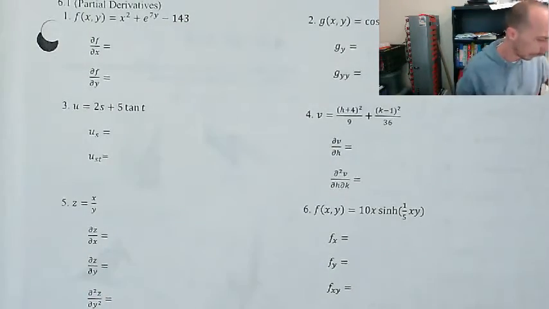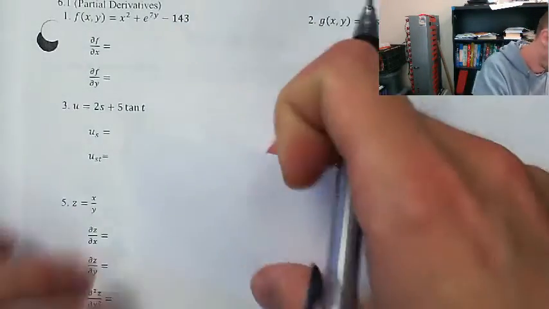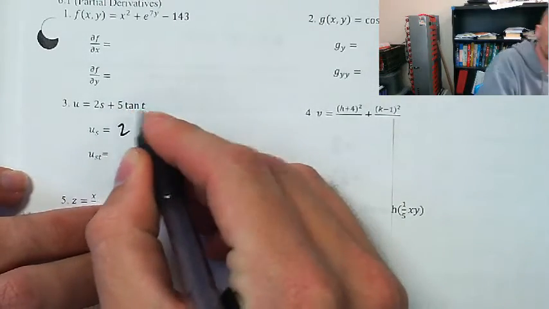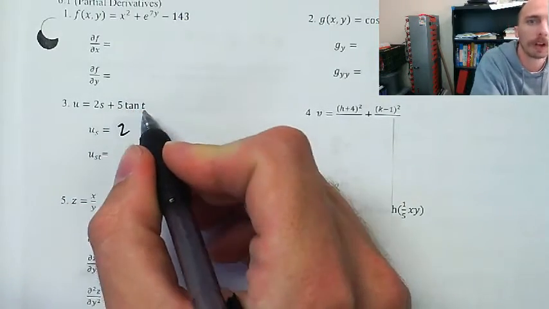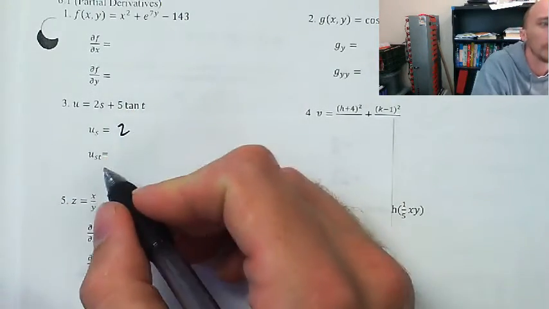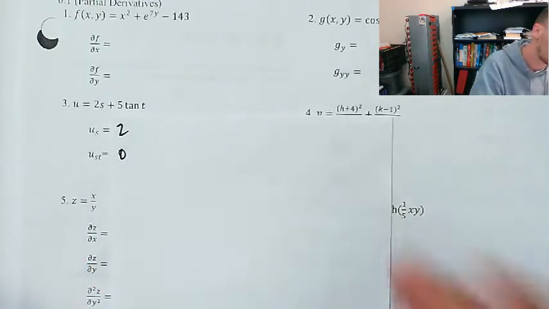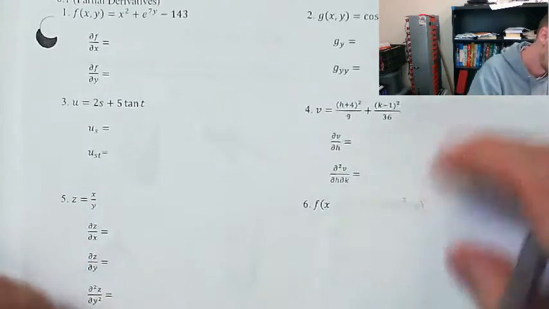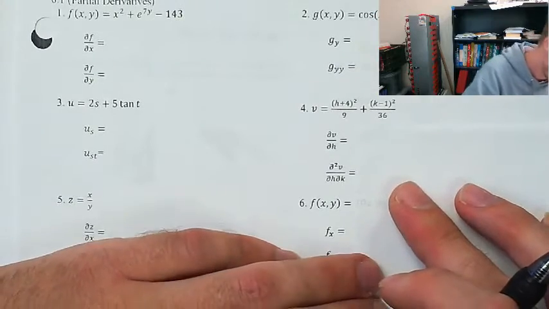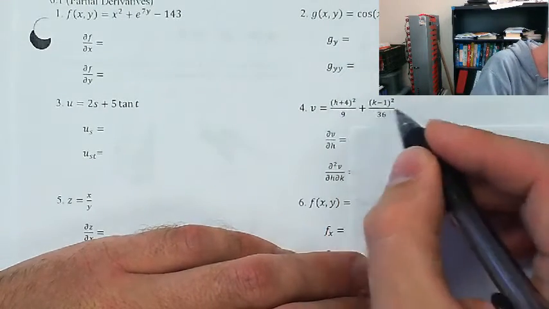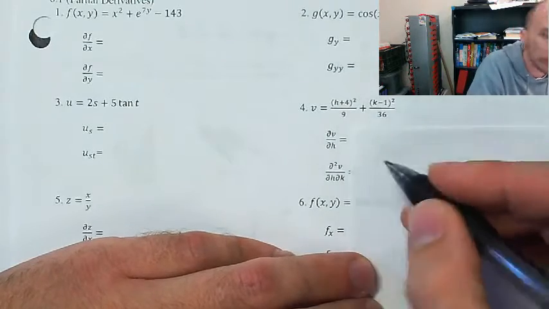Now here we've got u depending on s and t. us is going to be 2 plus 0, because this does not depend on s, therefore it's constant, and the derivative of a constant is 0. ust, well, I don't see any t's in here, so this derivative is going to be 0. That one's nice and easy. Then dv/dh is the derivative of this thing with respect to h, plus 0, because this thing has no h's in it.